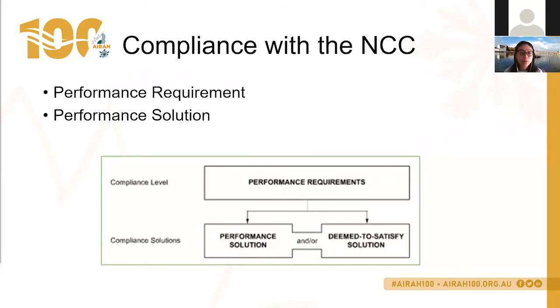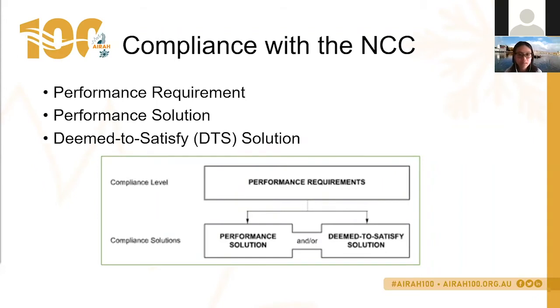There are a few ways then that you could comply with that particular performance requirement. You can either use a performance solution, and we'll go through what that means later on, where your actual attributes and design requirements are not quantified and qualified. Or you can use a deemed to satisfy solution.